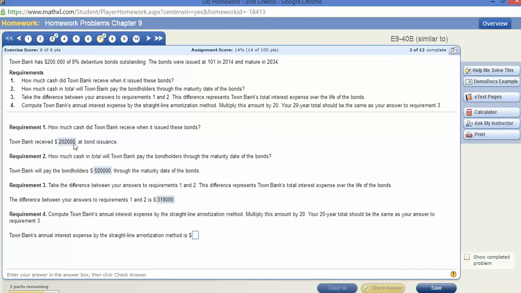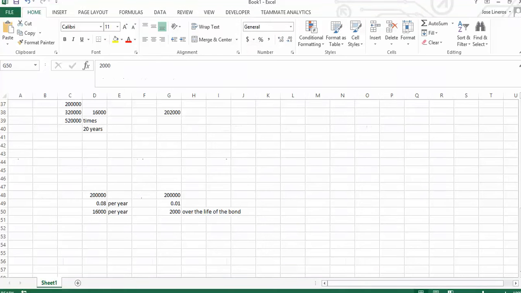That 2,000, when we're talking about the straight line method, has to be allocated over the life of the bond. Here you have 20 years. You have 14 to 34 is 20 years. So you take this 2,000 and divide it by 20. Each year, your effective interest rate is a little bit lower because you got more than 200,000. You got 202,000. So let's take the 2,000 and divide it by 20 years evenly.